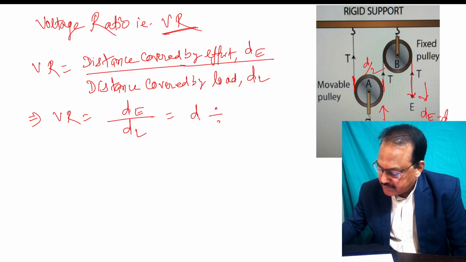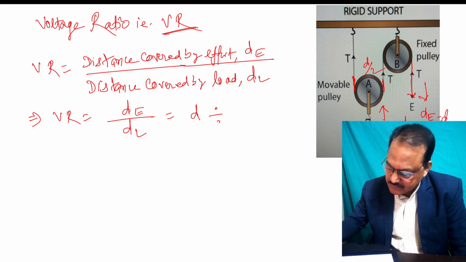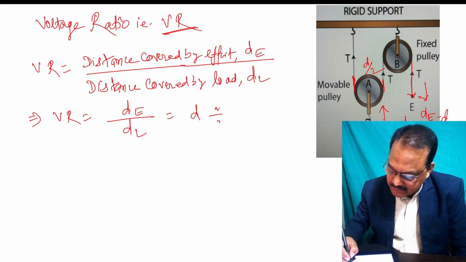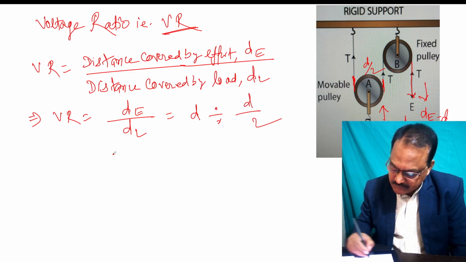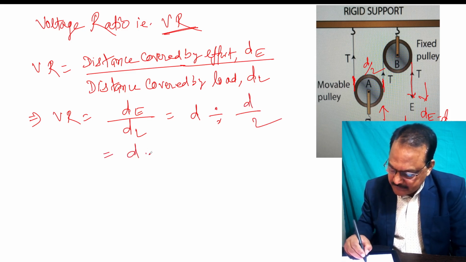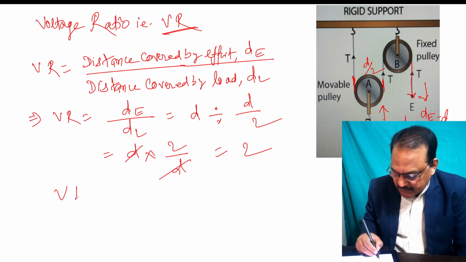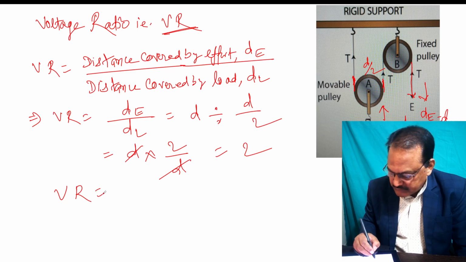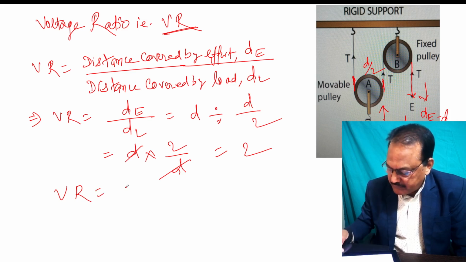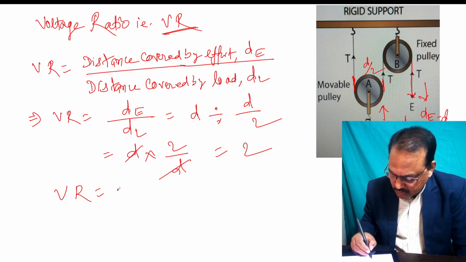Multiplying, it will be just the opposite, 2 by d. d will get cancelled with d, and it will be equal to 2. It means the velocity ratio in this combination of one movable pulley and one fixed pulley will also be equal to 2.